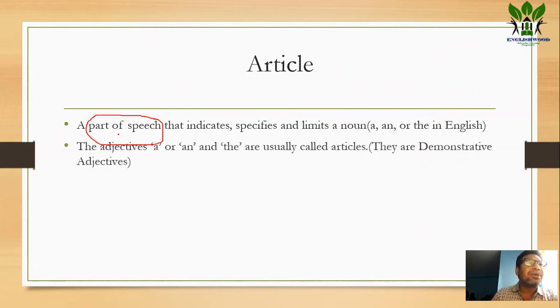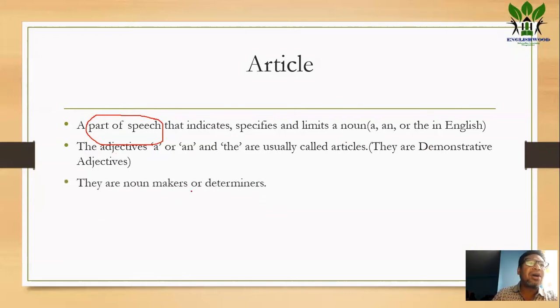So articles are actually adjectives. A, an, and the are usually called articles, and these are basically demonstrative adjectives.